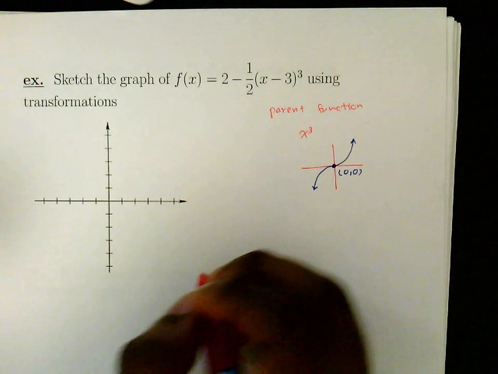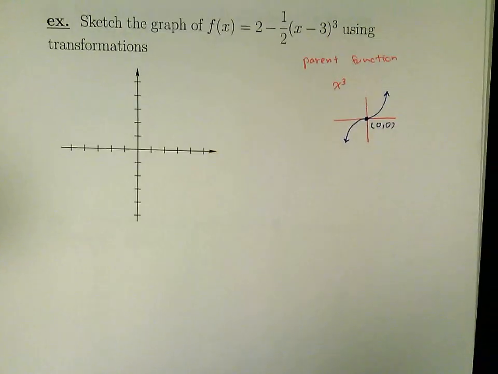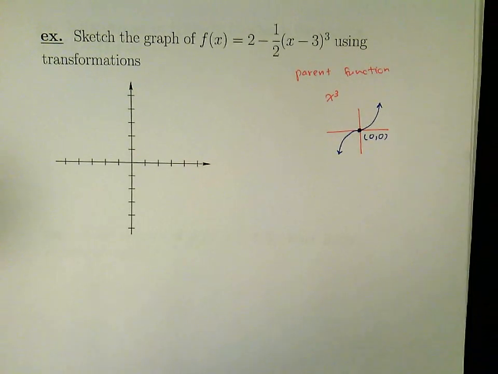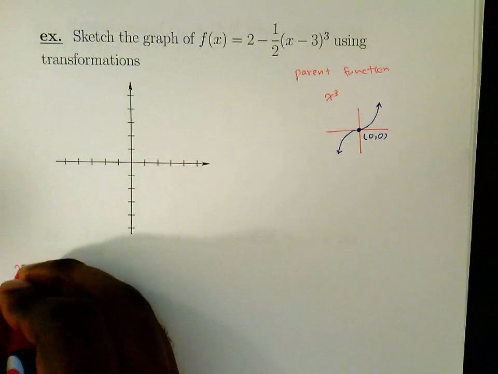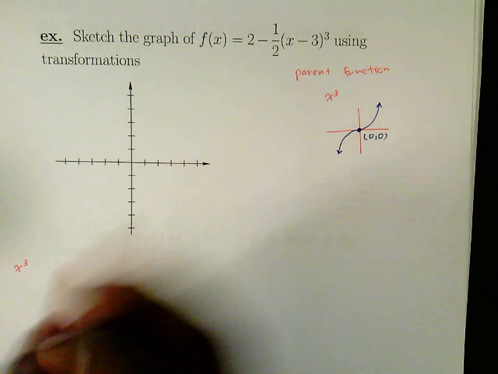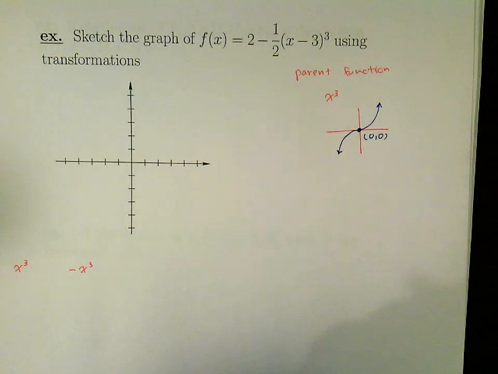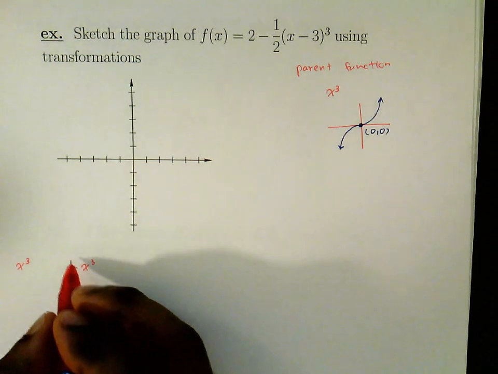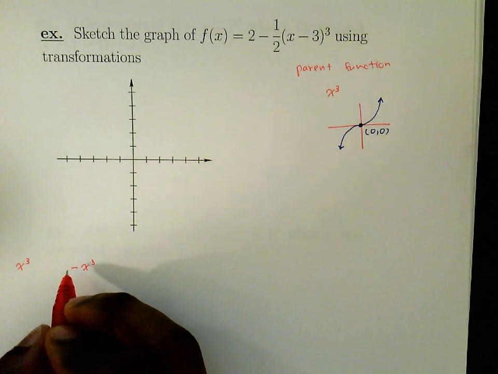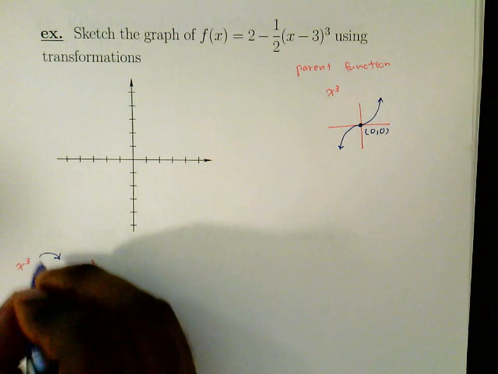Okay, so it's a little long, so let's see. I start with x cubed. Okay, I can see a negative sign there, so I would do negative x cubed. That's a reflection, and I put the negative in front of the function, which means it's a reflection with respect to x-axis.